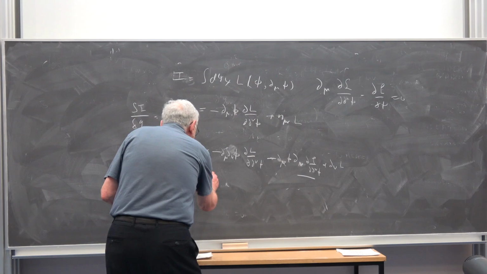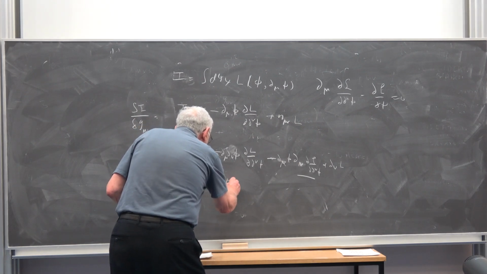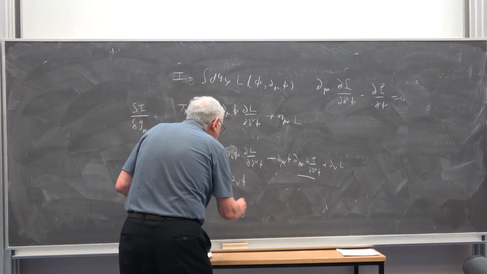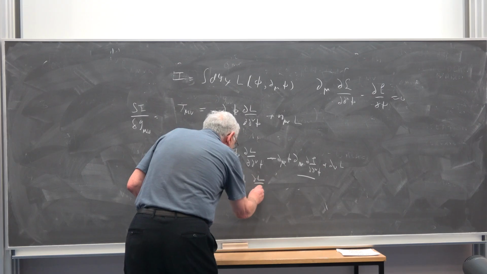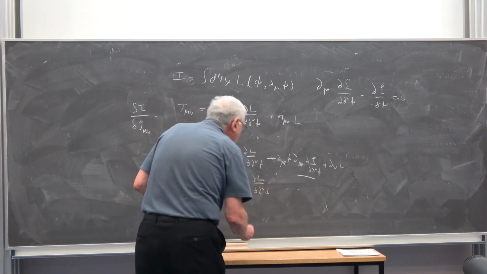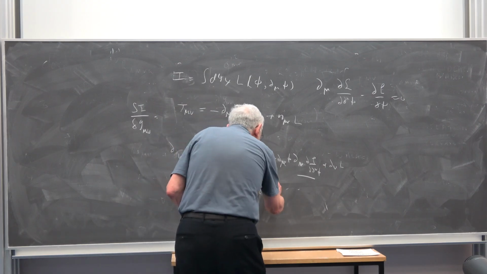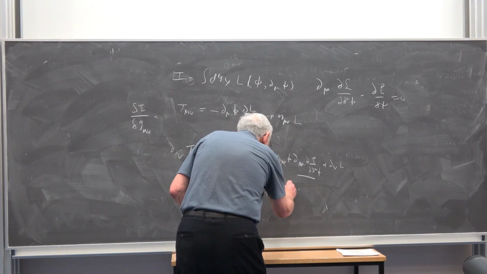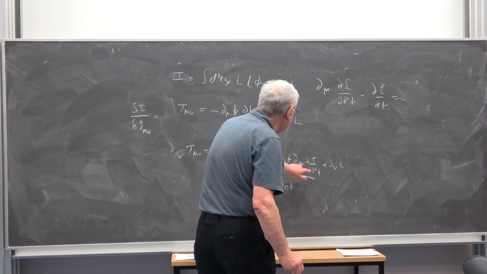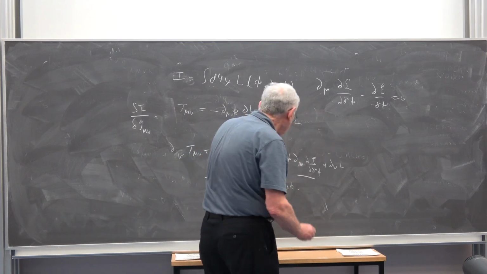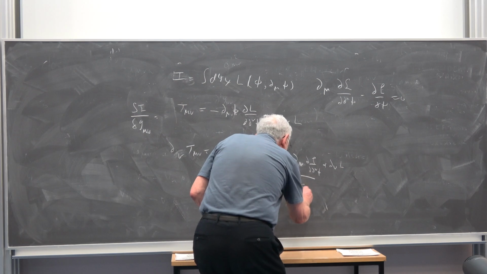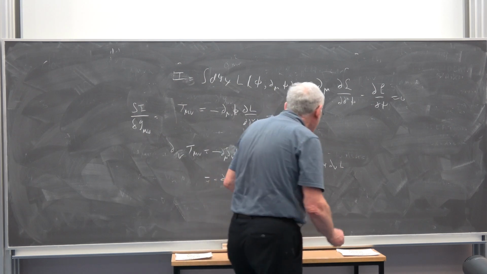So this becomes minus ∂_μ∂_νφ ∂L/∂(∂_νφ). But this is now minus ∂_μφ, and ∂_ν ∂L/∂(∂_νφ) is ∂L/∂φ. And now we've got ∂_ν of L.